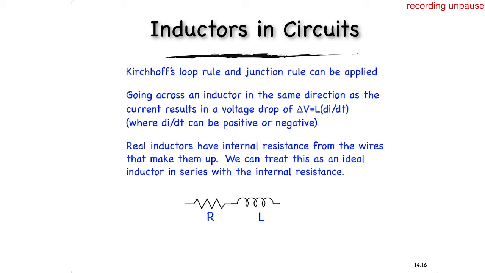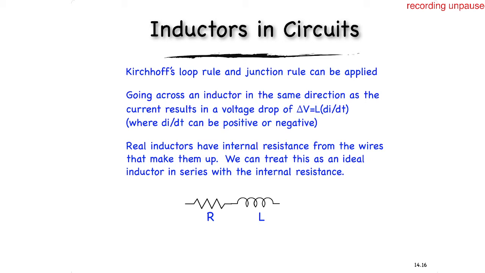So actual inductors are made up of long wire wrapped in a coil, and resistors are made up of long wire scrunched up into a little element. And so it's probably not surprising that anything that serves as an inductor is also going to have some resistance, because the wire in the coil has resistance. So real inductors are typically modeled as an ideal inductor in series with some resistance, the internal resistance of the inductor.